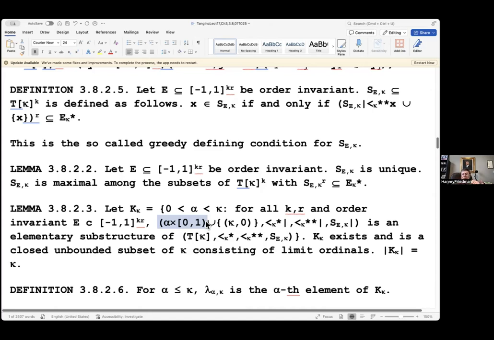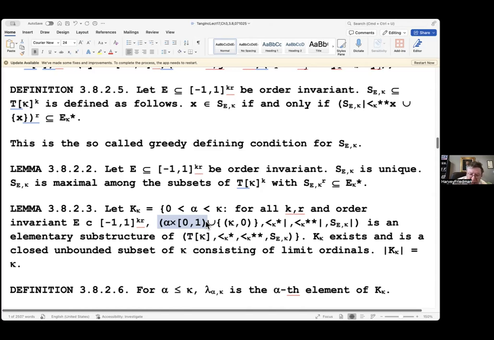You make the elementary substructure, but that has gaps in it. Then you fill the gaps in and take an elementary substructure with those gaps at least taken care of. Maybe you create new gaps. And you keep doing this and you take the union, and that's how you get it.